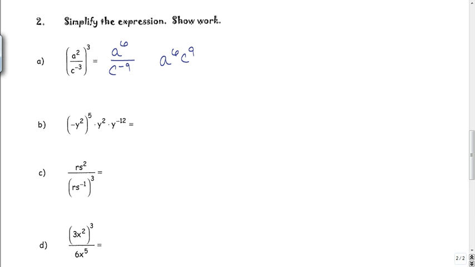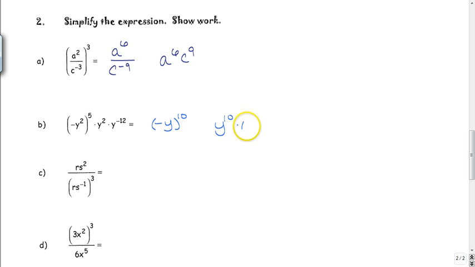Okay, next one. First thing you want to do is simplify this. So this is going to become negative y to the 10th. We can write it like that for a second, but think about it. This is going to become positive, so this is just y to the 10th. All right?